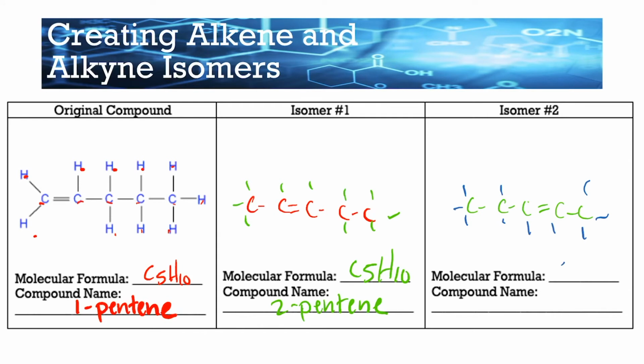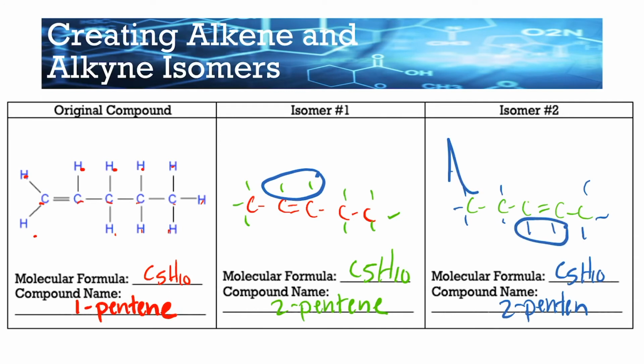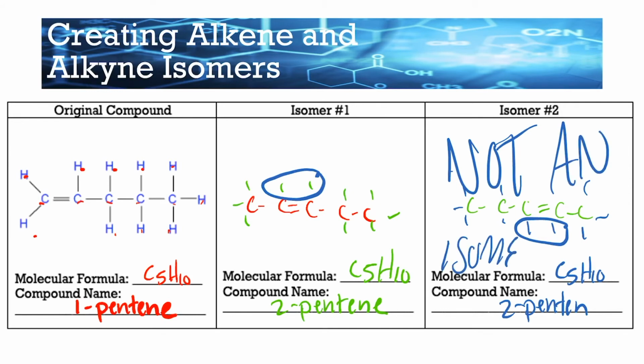You still have the formula C5H10, but this is still named 2-pentene. Because I flipped it and now these H's are on the bottom, that doesn't change anything. So this, not an isomer. So that's why once you draw something, going back to name it is incredibly important to checking your work.